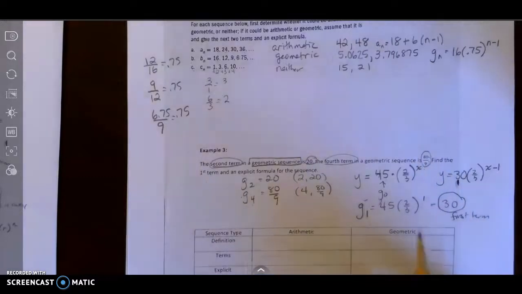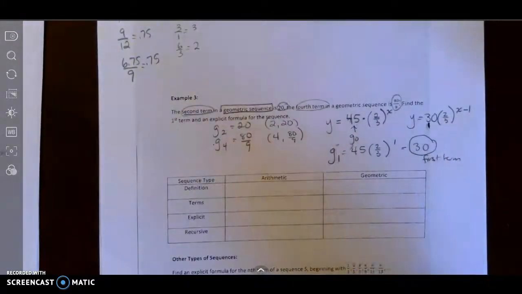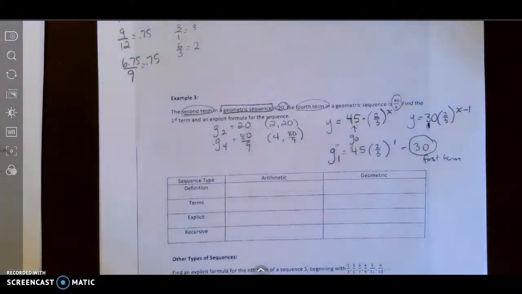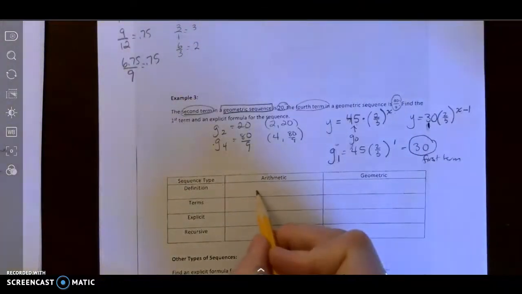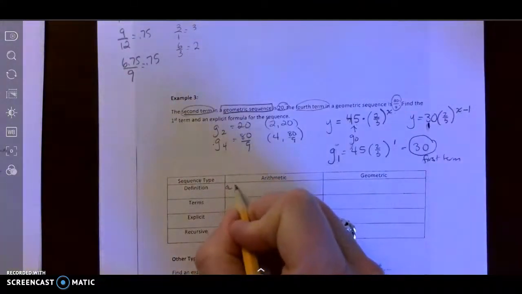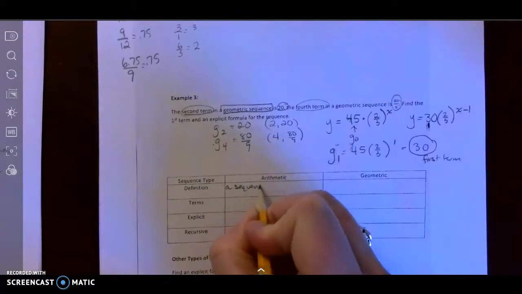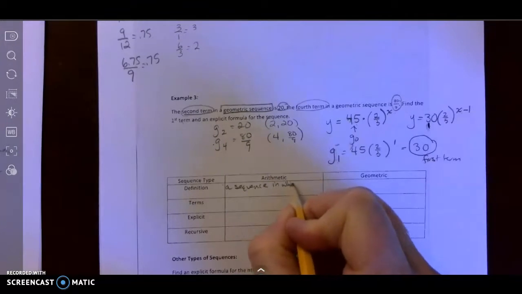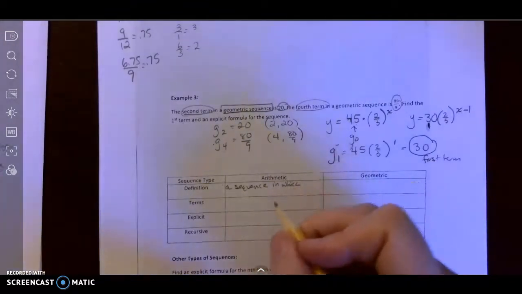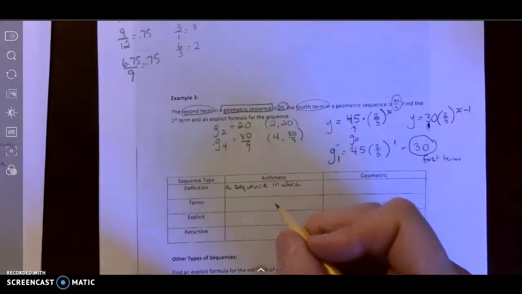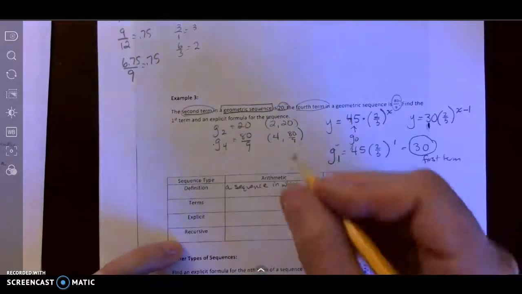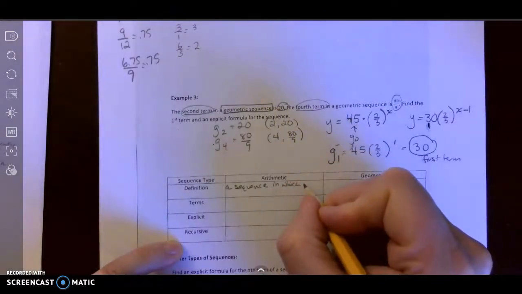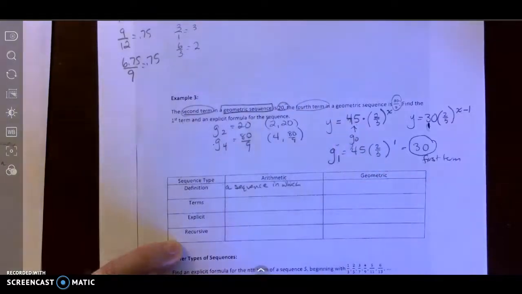Now I've got this table where I'm going to compare arithmetic and geometric, because in the last section we covered arithmetic, in this section we're covering geometric. Arithmetic is a sequence in which the difference between consecutive terms, consecutive means in a row, is constant.